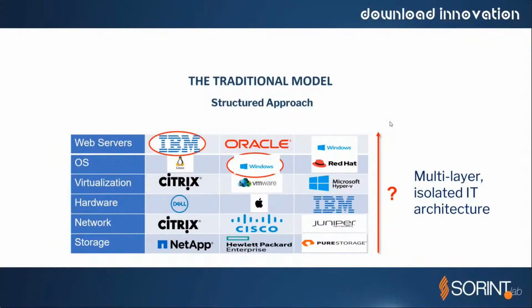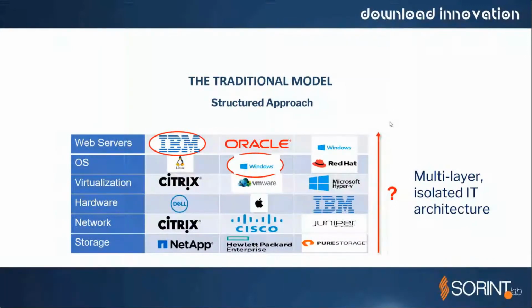Examples are both internal and external: internal examples like emailing systems, or external like an organizational website. So we require a lot of different components for a single service. As you can see here, there are web servers, databases, middleware, network infrastructure, hardware, and so on.